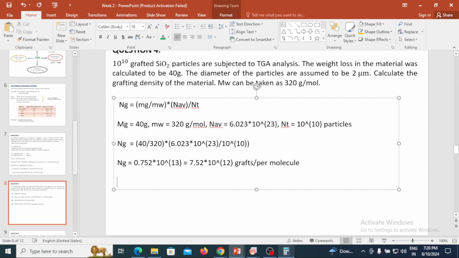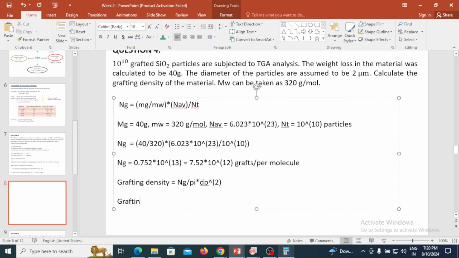This is the amount of grafts present for one SiO2 particle. Now we are asked to calculate grafting density. Again, that is nothing but Ng by pi dp square.